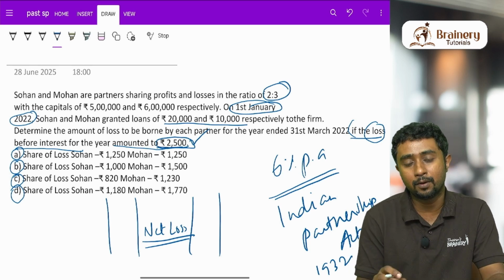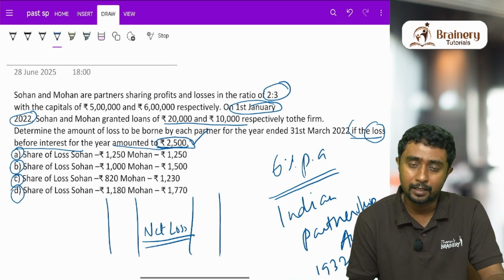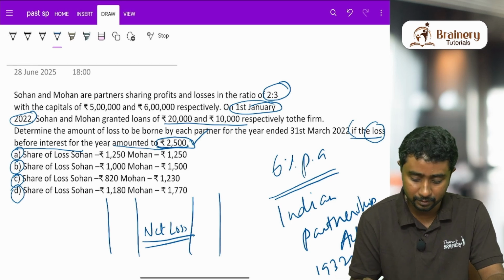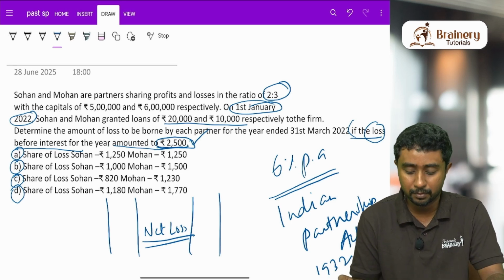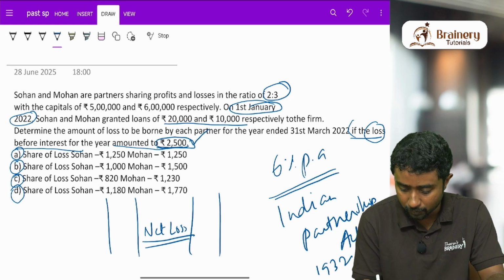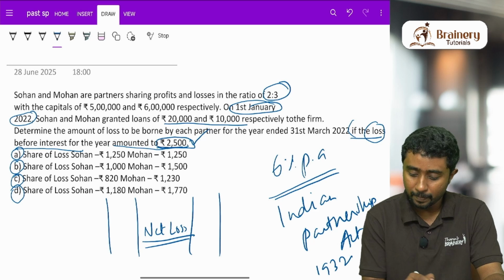If the loss is calculated after considering all the amounts, obviously it can be divided later as divisible loss. Forget about divisible loss now. You just understand this question like this. We will discuss divisible loss in a later session.